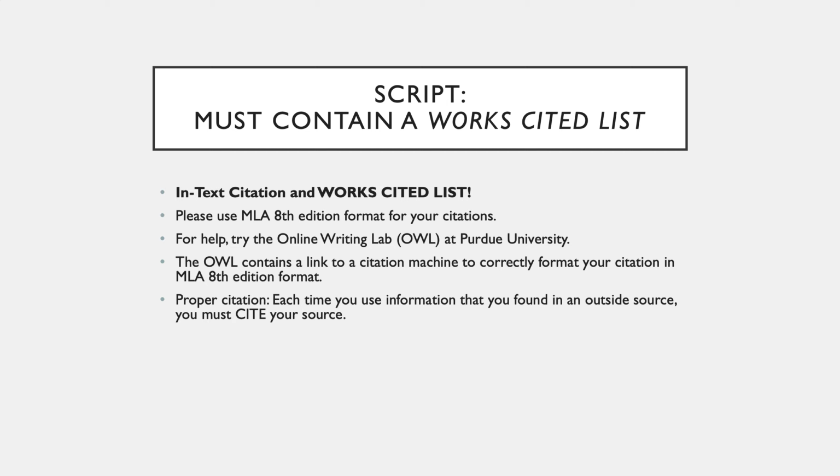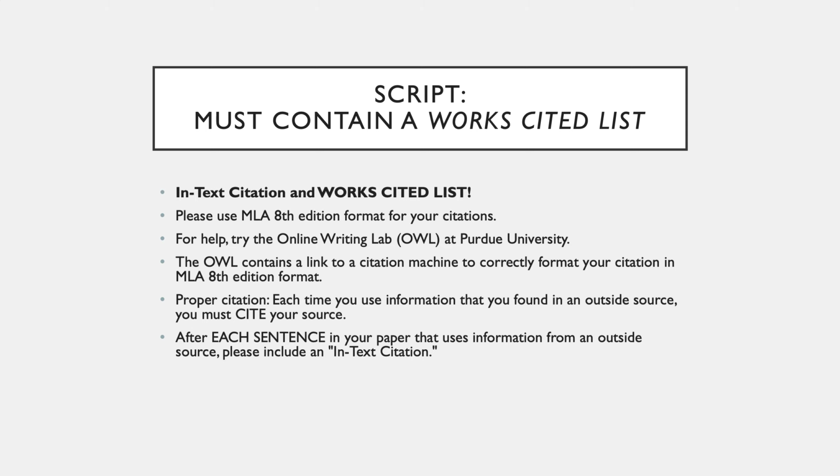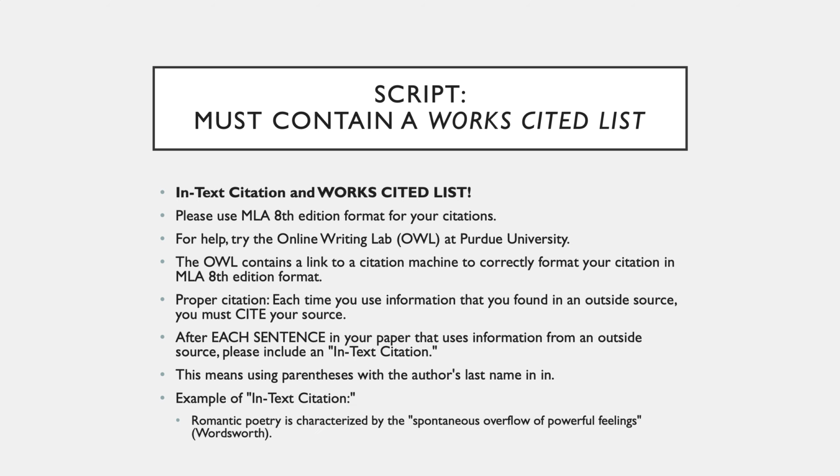Proper citation. Each time you use information that you found in an outside source, you must cite your source. After each sentence in your paper that uses information from an outside source, please include an in-text citation. This means using parentheses with the author's last name in it.